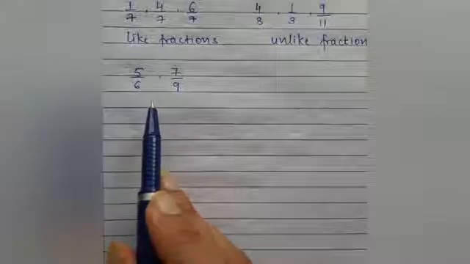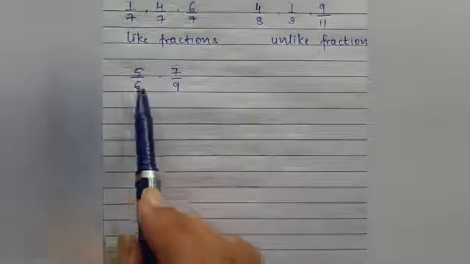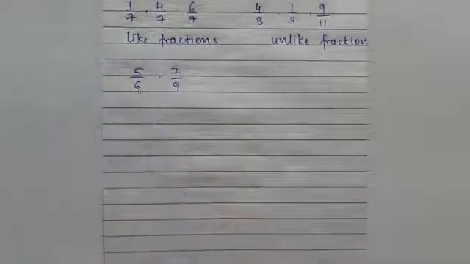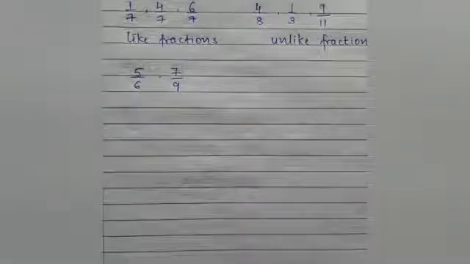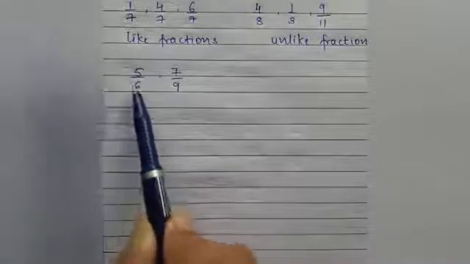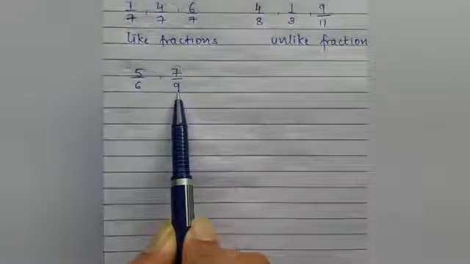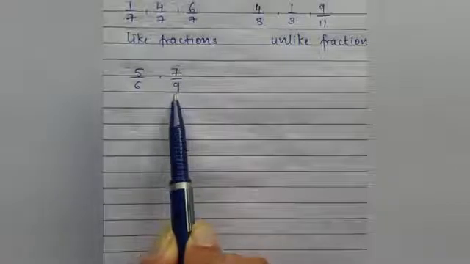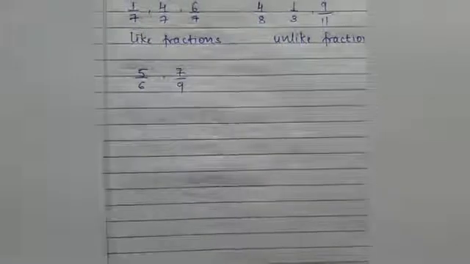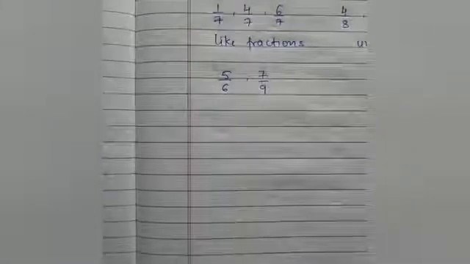So, how will I make these denominators equal? For that, I will find a number which comes in the table of 6 and 9. So, we will write the tables of 6 and 9.